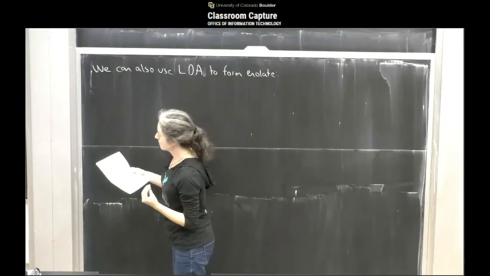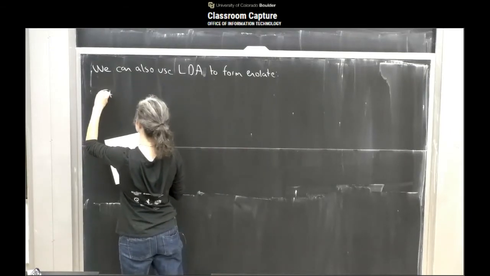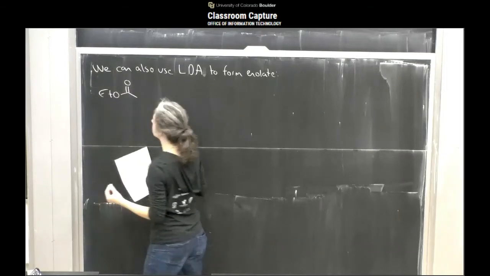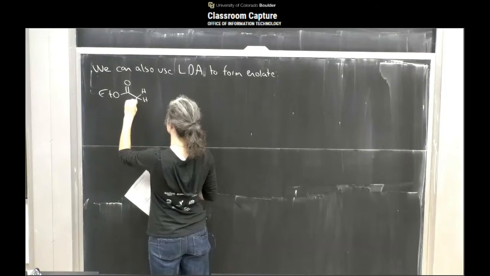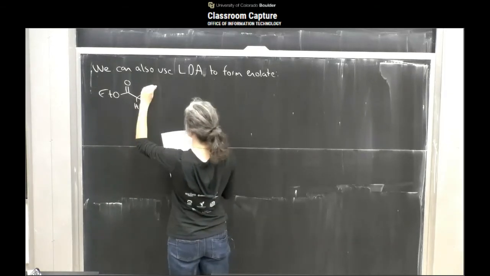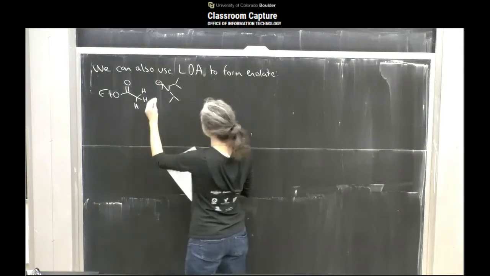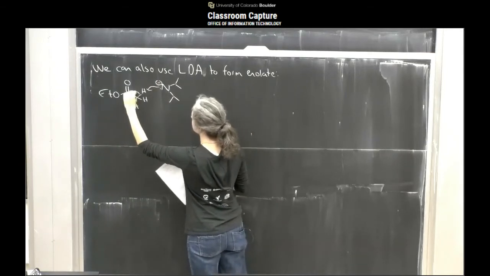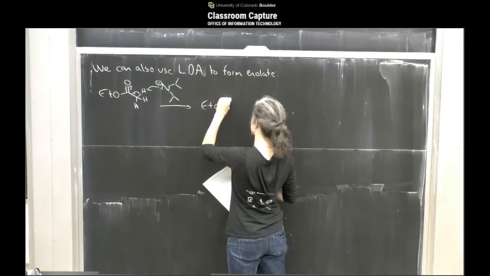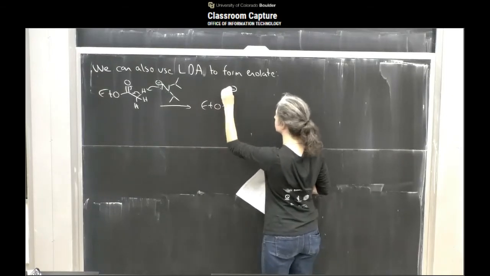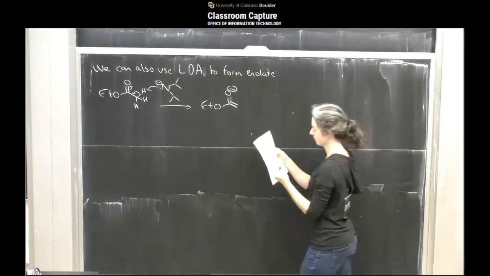We could accomplish pretty much the same thing if we take this ester, here's LDA, and we know we can make the enolate pretty easily on this thing. And then we can go attack our alkyl halide that way.